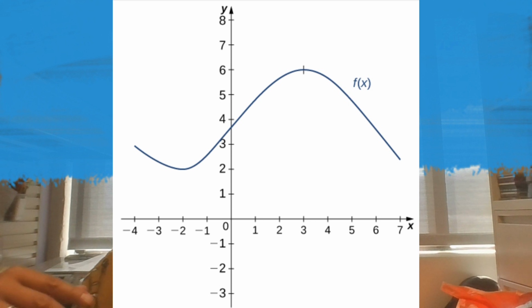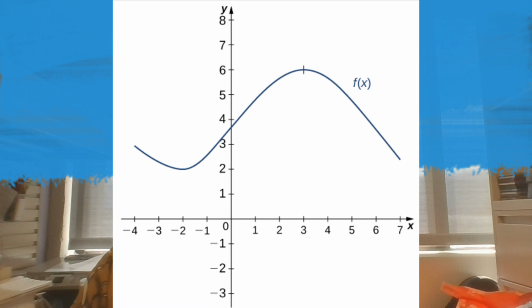So now we know that the derivative will be 0 at those points, because the slope of the tangent line is 0 at those points. And then in between -2 and 3, we see that the graph is increasing. If you were to graph your derivative, those slopes of the tangent line would be positive, above the x-axis.